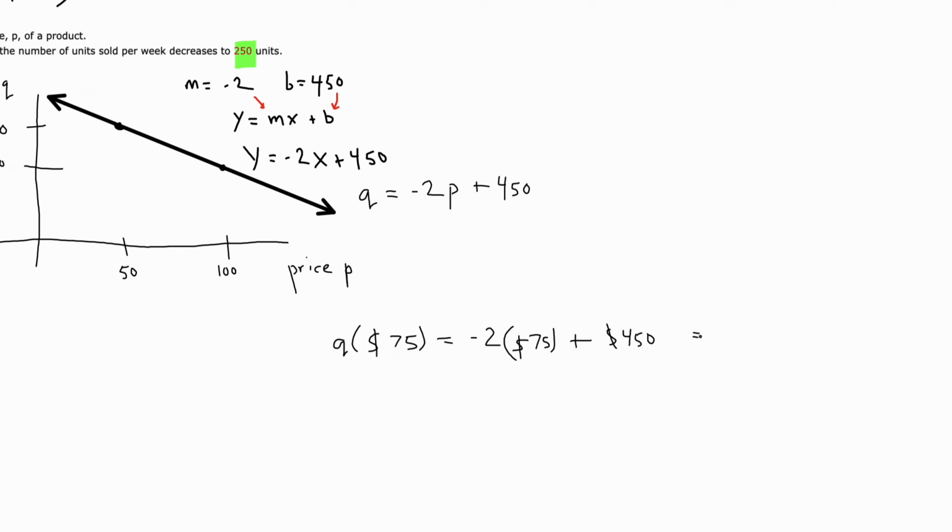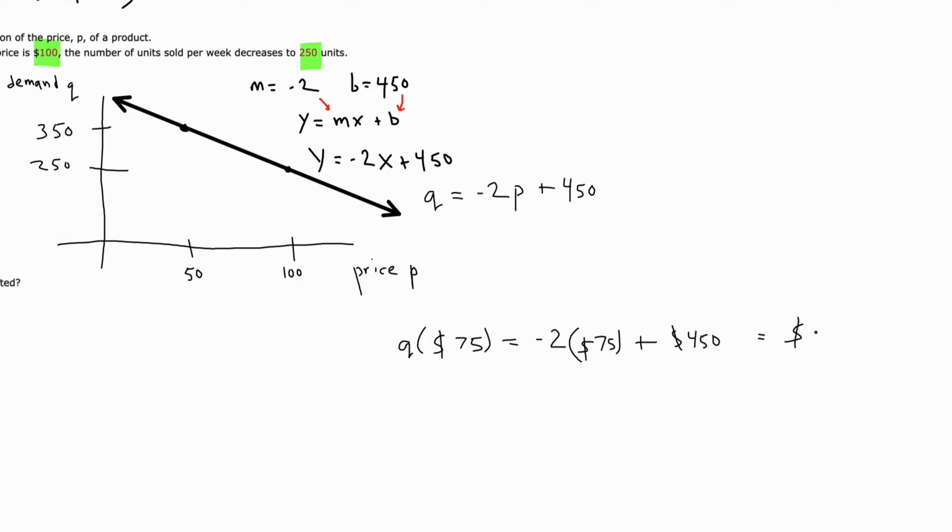And it would be, in this case, 300. That would be good use of the model. That would be an interpolation to do that.